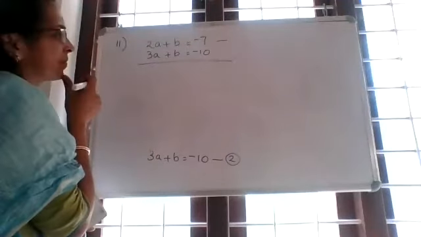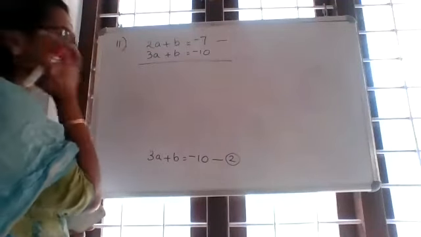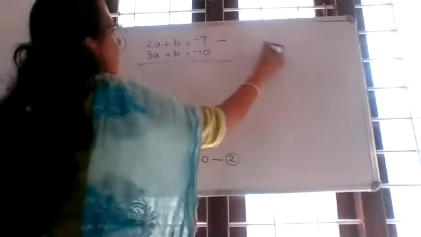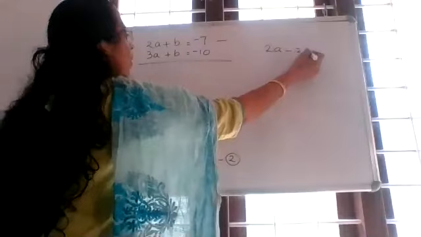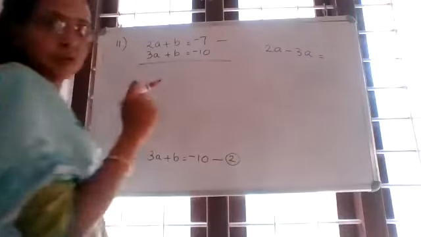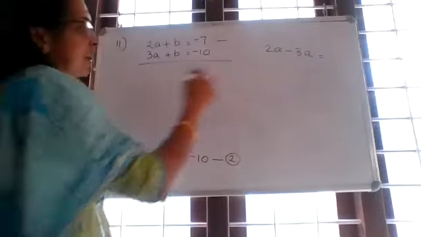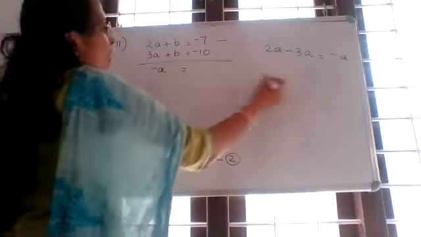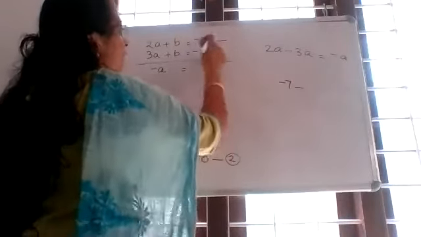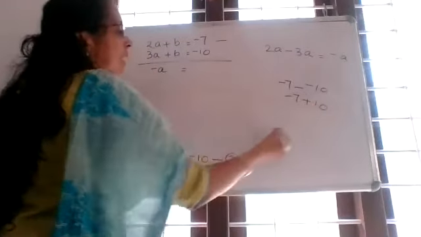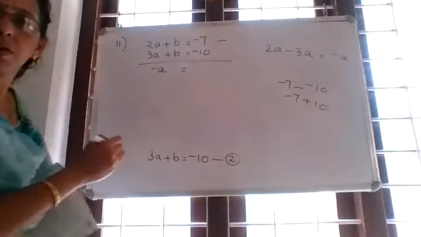Is it possible? Subtract or add? Subtract. So 2a minus, if you don't know, please do in the working column. 2a minus 3a is what? One sign is positive, other sign is negative. Subtract and put the bigger number sign. Negative a. Negative a is equal to, you did negative 7 minus minus 10. So it will be negative 7 plus 10.